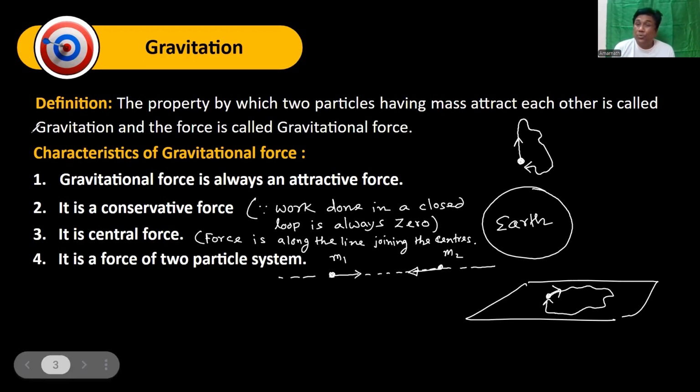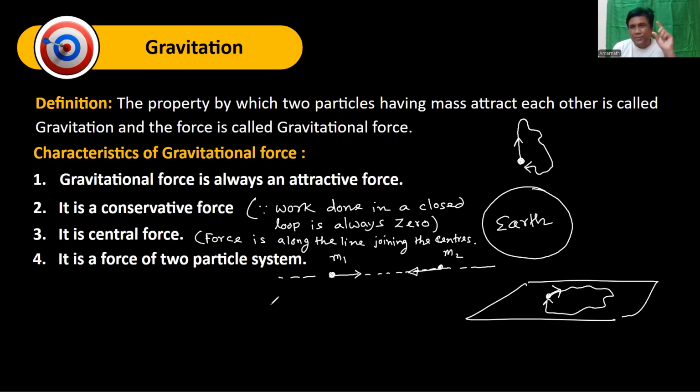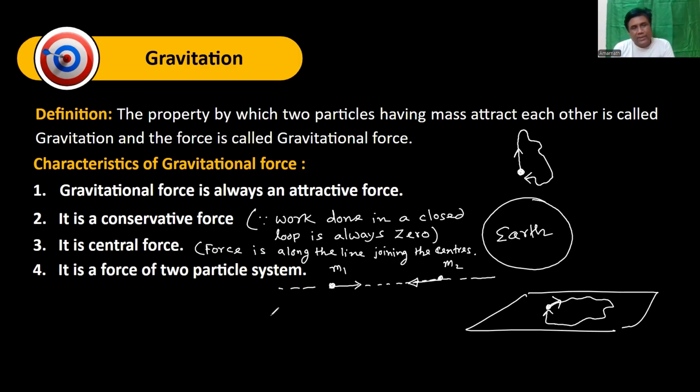Next, it is a force of a two-particle system. Remember, all these are valid for electrostatic force also. Electrostatic force is also a conservative force, also a central force, and also a two-particle system force. So what does it mean? Say this one is a particle M1, and M1 is giving a force on M2.